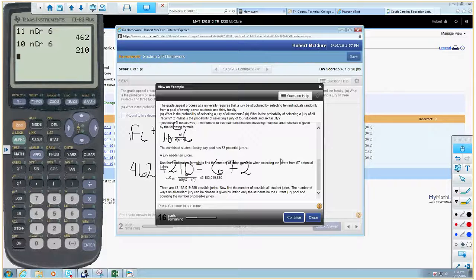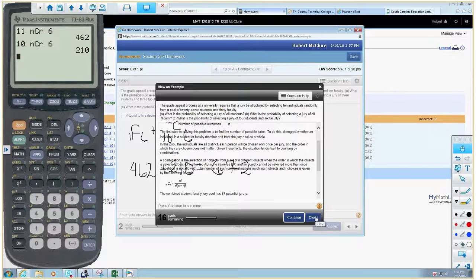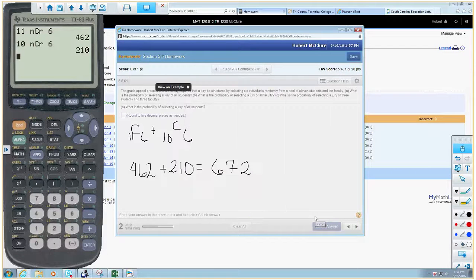It says, what is the probability of selecting a jury of 3 students and 3 faculty? Will I just change the 6 to 3? Wait a minute. Yeah, the jury is only 6. What are you talking about, 6 and 3? Section C. We ain't at section C, we're at A and B.